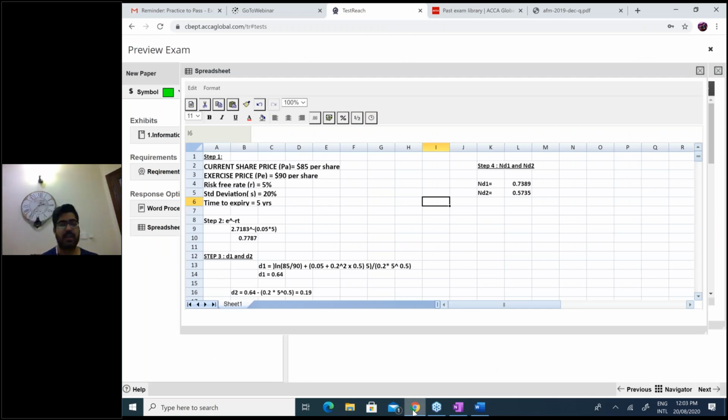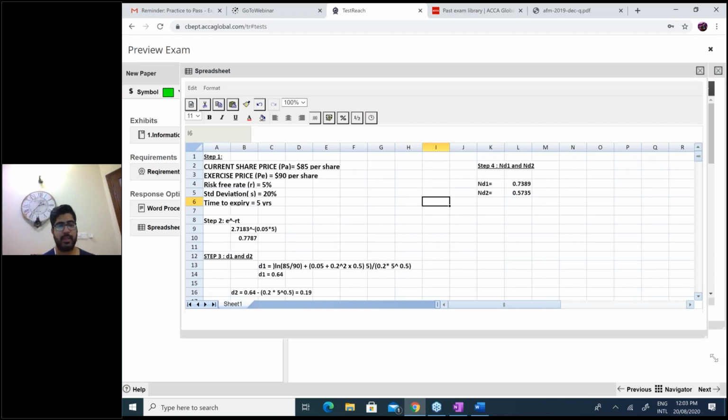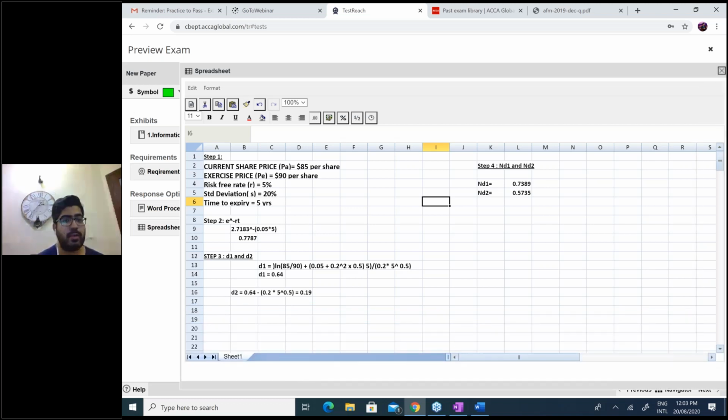So using the Black-Scholes model, you were asked to find the value of the option. Whenever you want to find the value of an option, you need to show 5 steps. Step 1: current share price, exercise price, R, S, T, all given in the question. Step 2: e, 2.7183 constant, to the power minus RT, it's 0.7781.